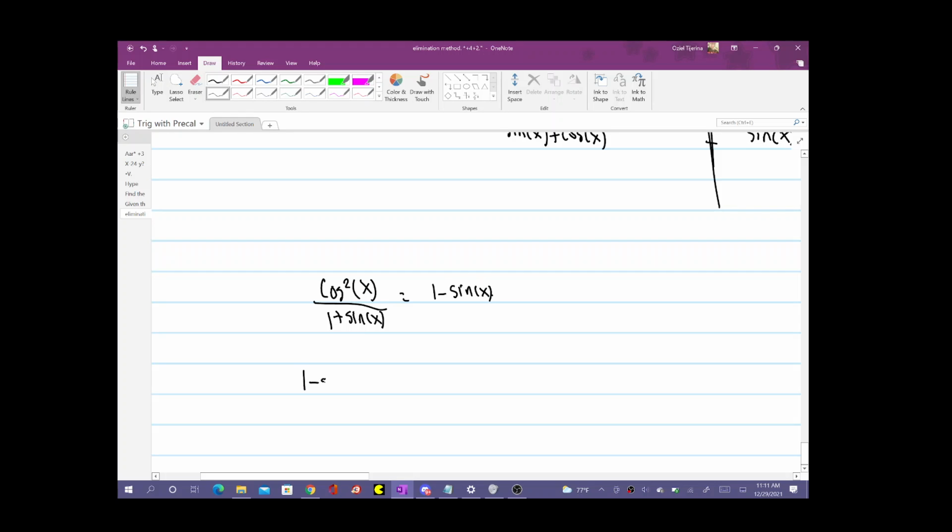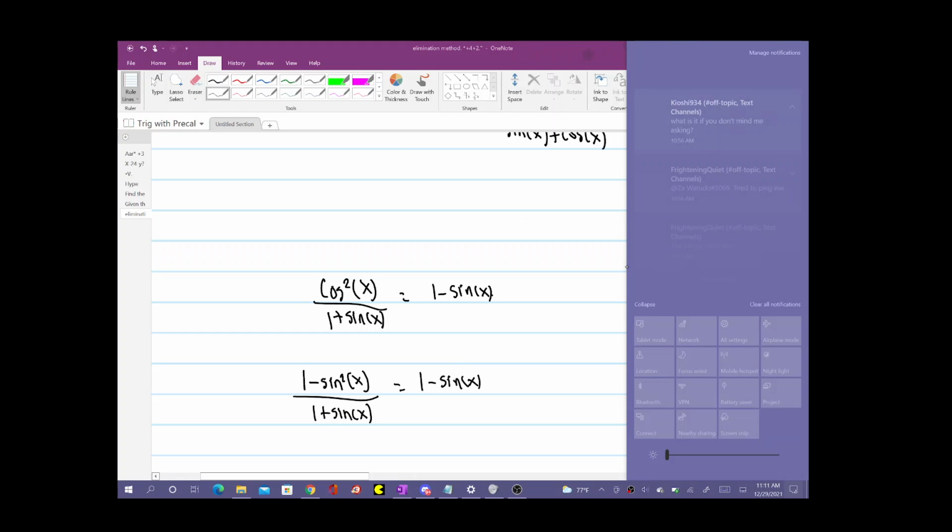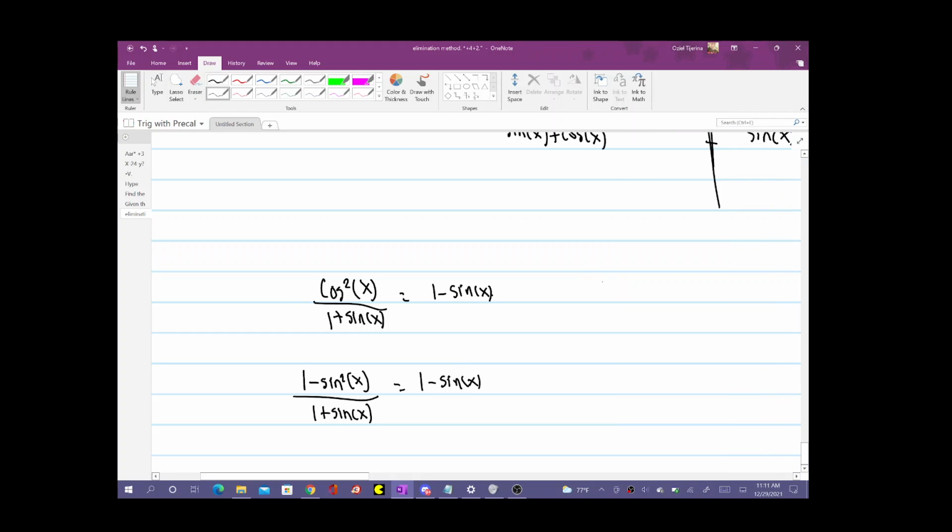This is 1 minus sine squared of x over 1 plus sine of x equals 1 minus sine of x. Remember the Pythagorean identity? Sine squared of x plus cosine squared of x equals 1.